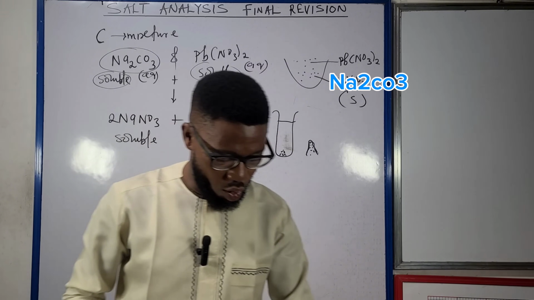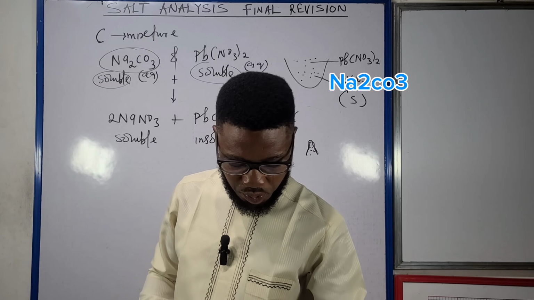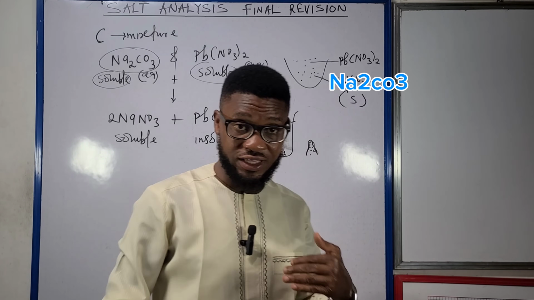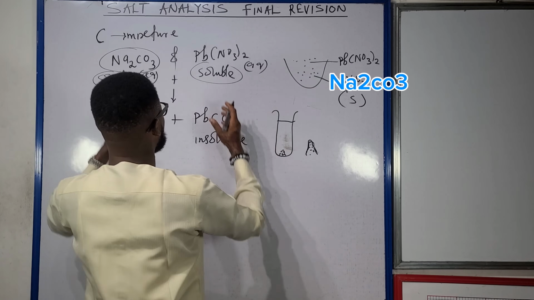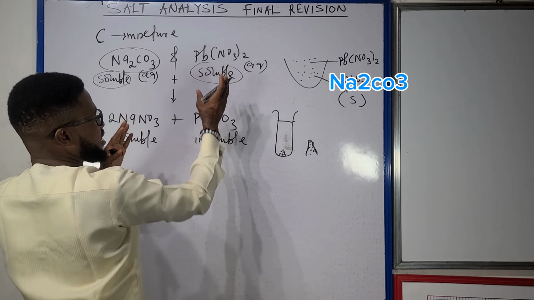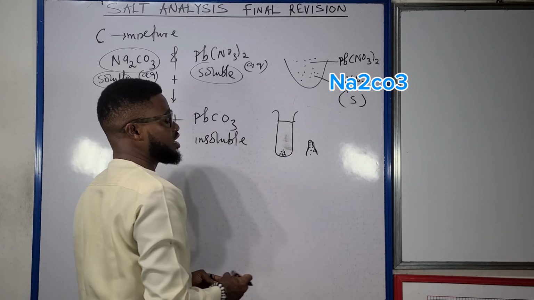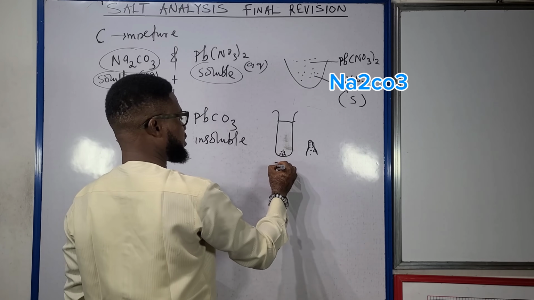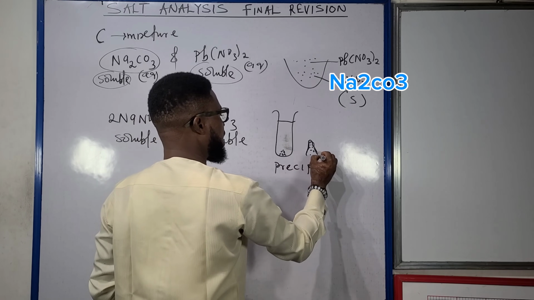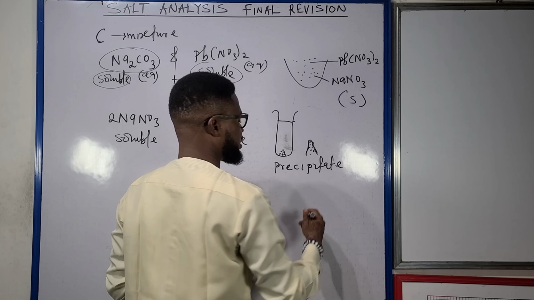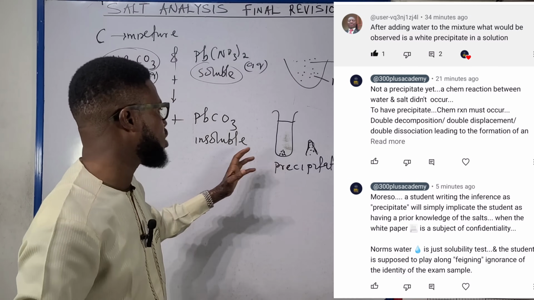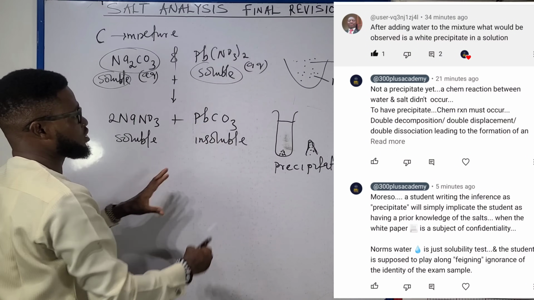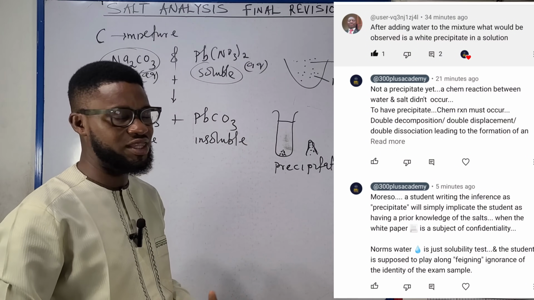Why am I saying this? It is because of the various questions that popped up as a result of the last video, where someone said that when we dissolve sodium carbonate and lead nitrate in water, what we have is a precipitate. No, what we have is not a precipitate. As you can see on your screen, that particular comment, what you have when you dissolve both salts in water is not a precipitate.